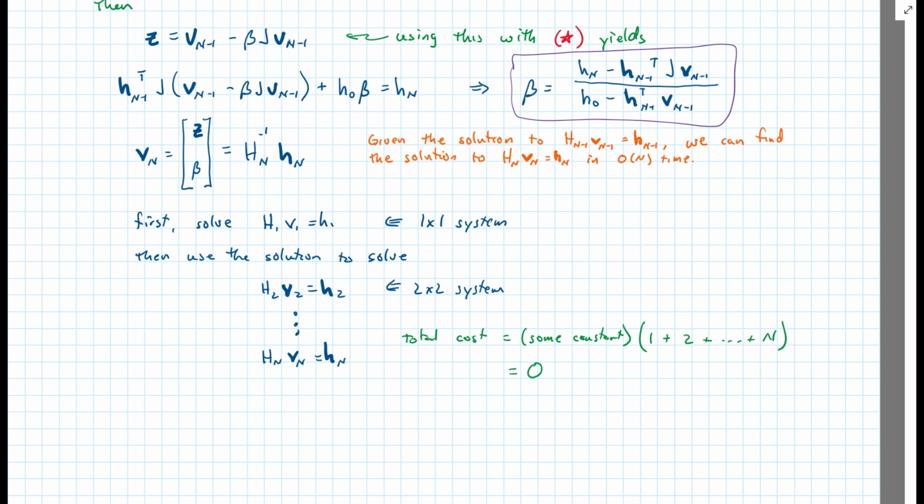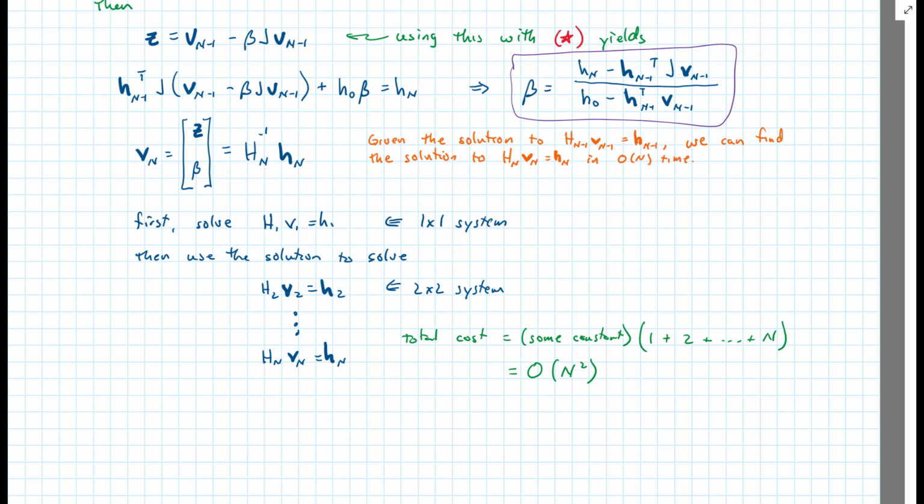And so that's O(n squared). To put that in context, O(n squared) is also the complexity of a simple matrix multiplication. So we can actually solve this matrix equation with about the same order of complexity as doing a matrix multiplication. This is a fantastic tool.